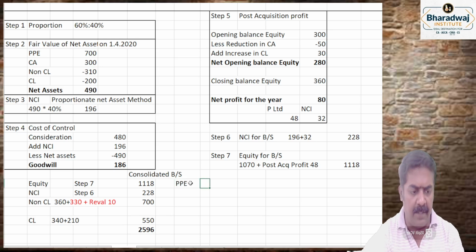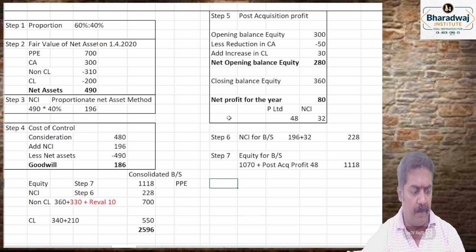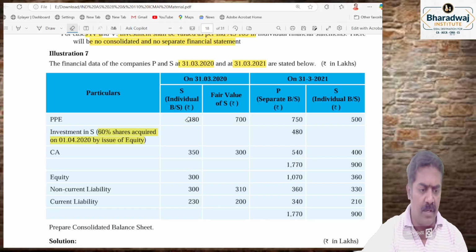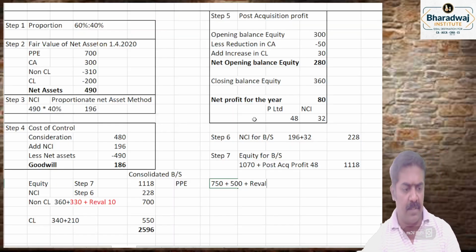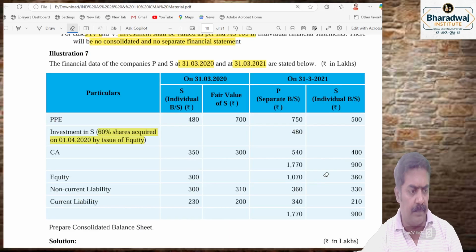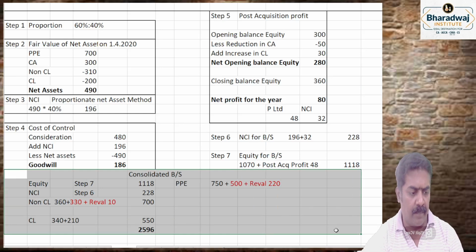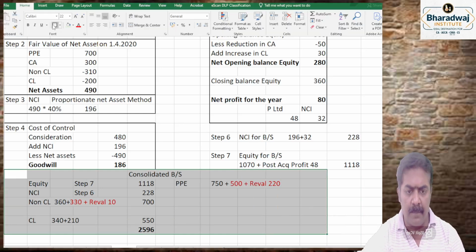Asset side. PPE, how much? 500 plus 150 plus revaluation of the opening balance. 750 plus 500 plus revaluation of the opening balance 480 to 700. Totally how much does it come? 1000.